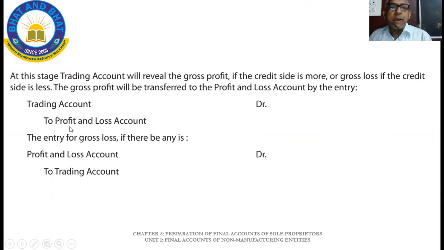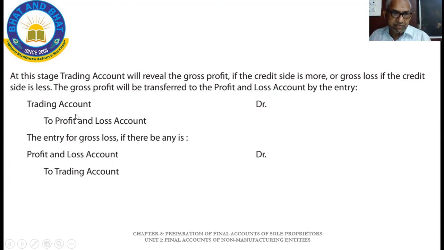Now, the difference. If the credit side is more, trading account to profit and loss account, that represents gross profit. If the debit side is more, then it is profit and loss account to trading account, which represents gross loss. Both journal entries will not come in your closing entries.